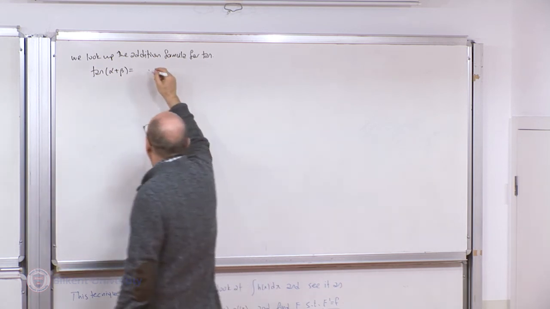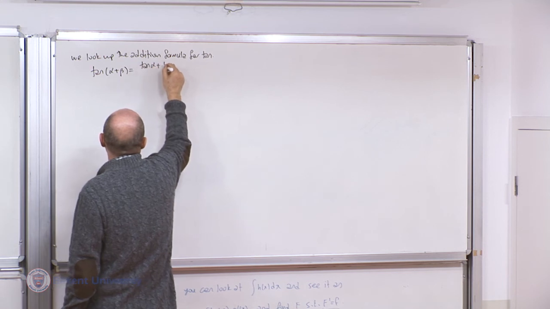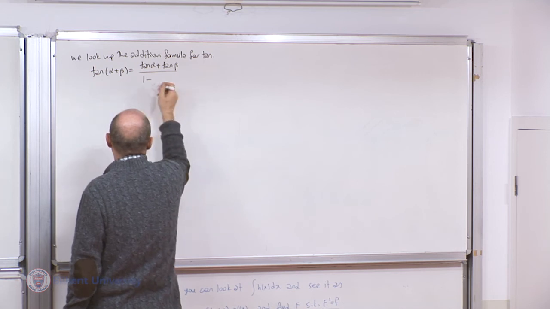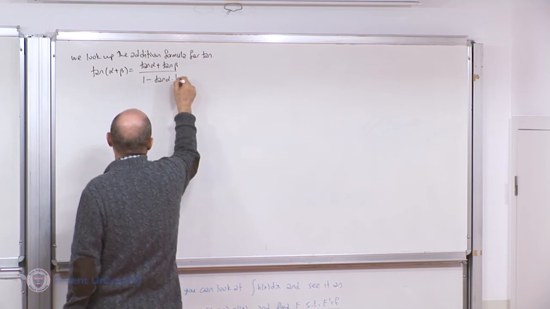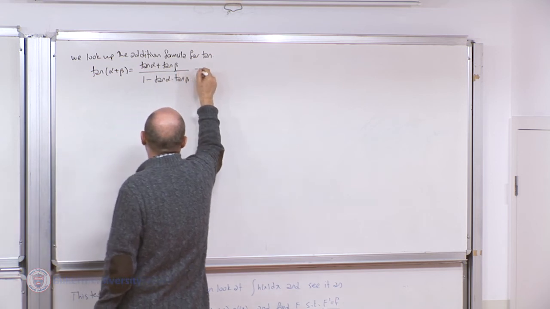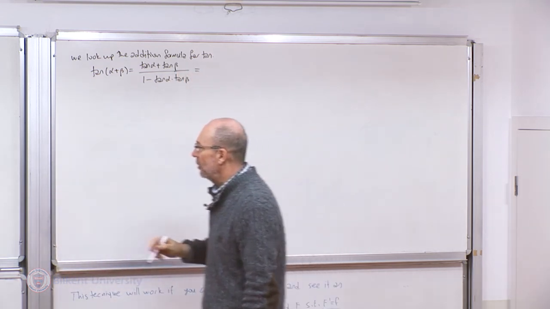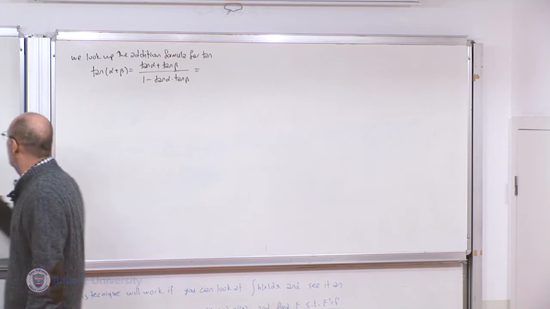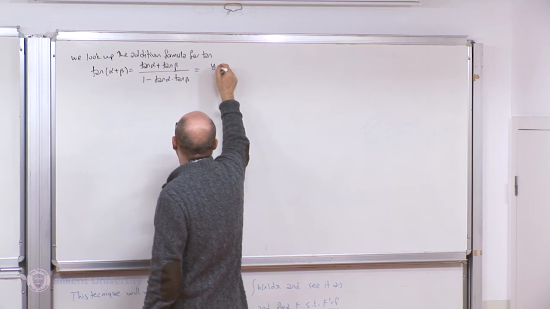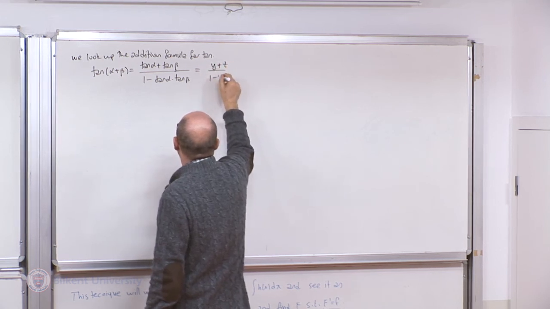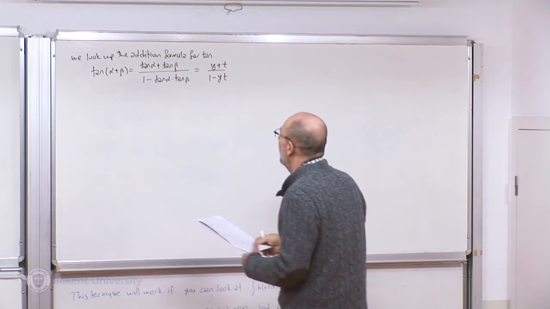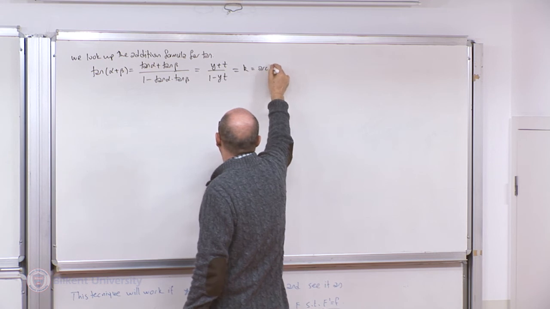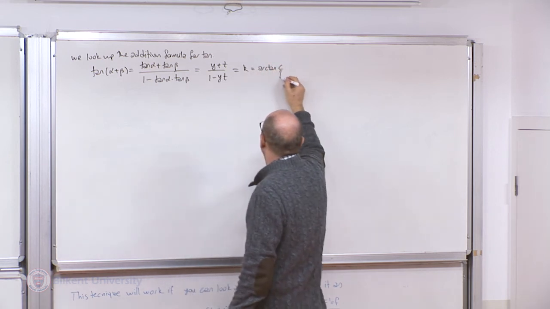You simplify and you get (tangent alpha plus tangent beta) divided by (1 minus tangent alpha tangent beta). Now tangent alpha is tangent of arctangent y, so that's y, and this is t. So this is (y plus t) over (1 minus yt), and this is equal to some constant, tangent of c. This is an arbitrary constant.